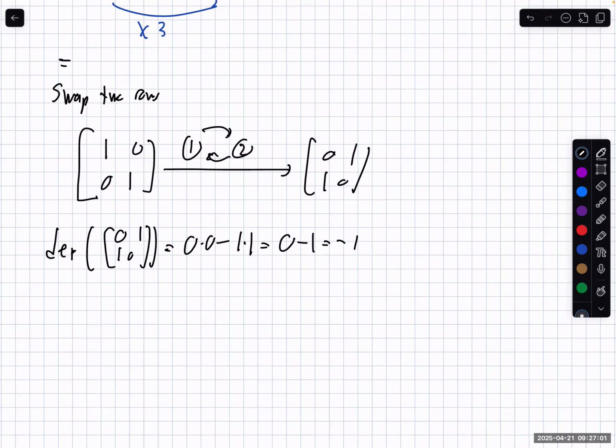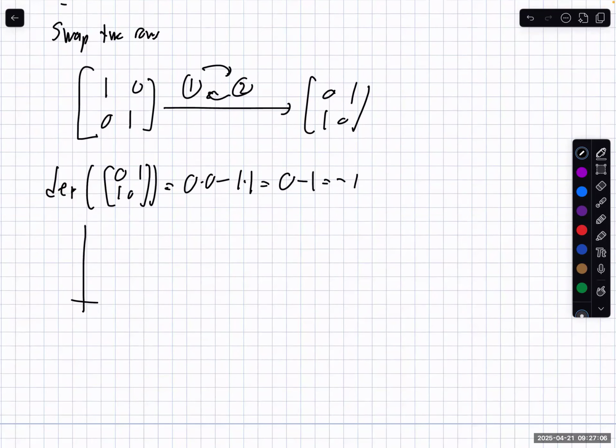So the determinant is negative here. So I'm going to talk about what a negative determinant means.